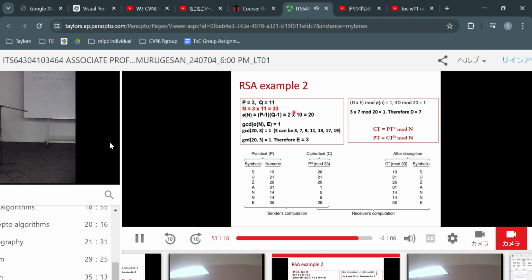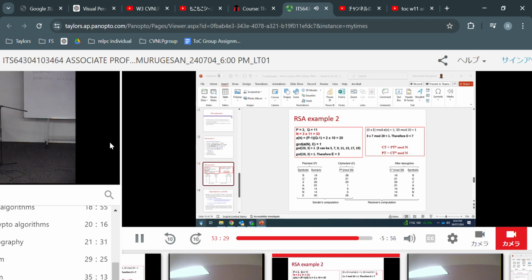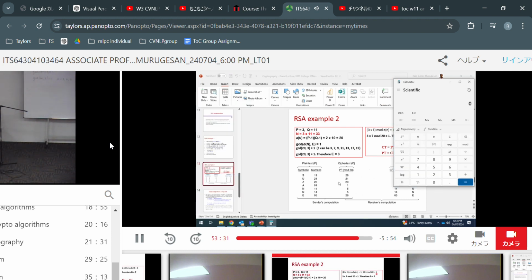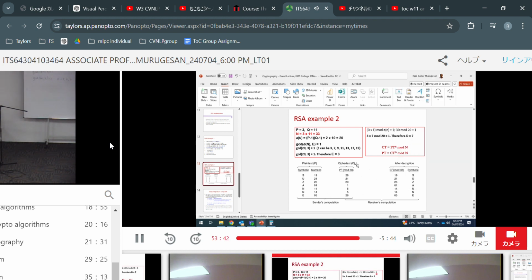So 19 power 3 mod 33 is 28. And that's what you're seeing, 28. On the receiving side, 28 will be received.